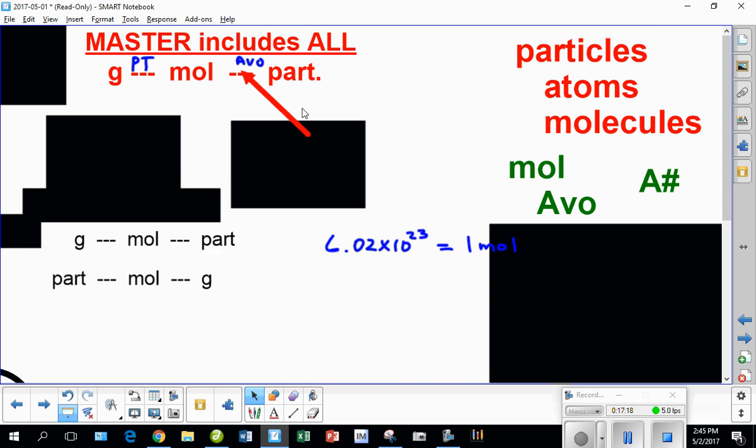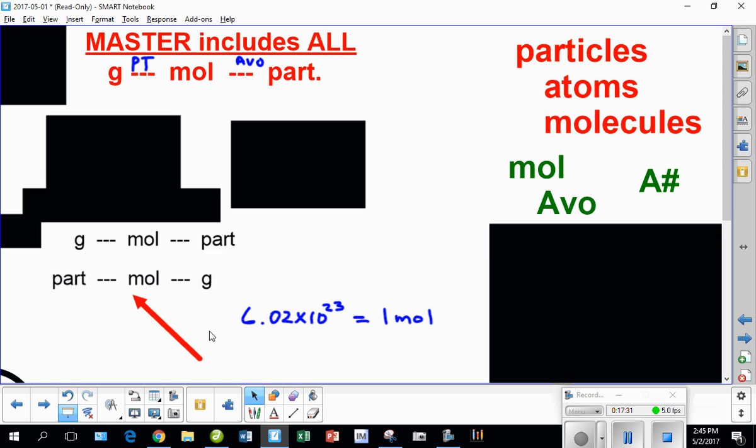So, down here at the bottom, what is the number of particles? Number of particles. Okay, and the number of moles? Very good. And now, when we go from moles to grams, where are we going to get the grams from for the number?